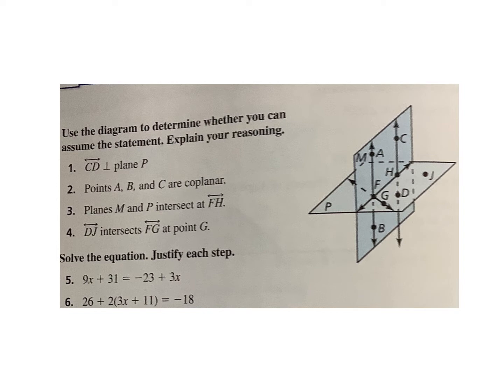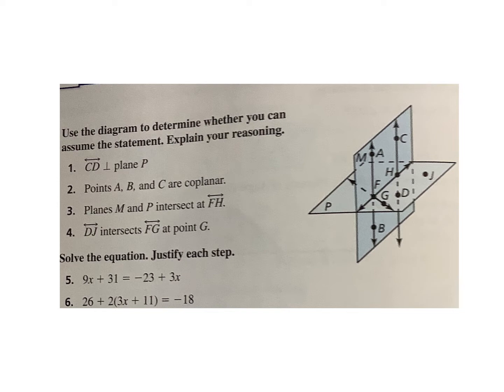Number 2, points A, B, and C are coplanar. Can you assume that? This is not a trick question. Yes or no? Who says yes? A, B, and C, are they in the same plane? Yes.